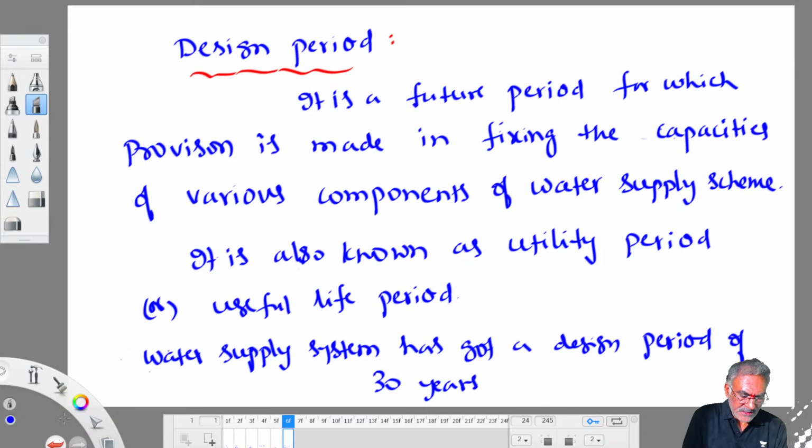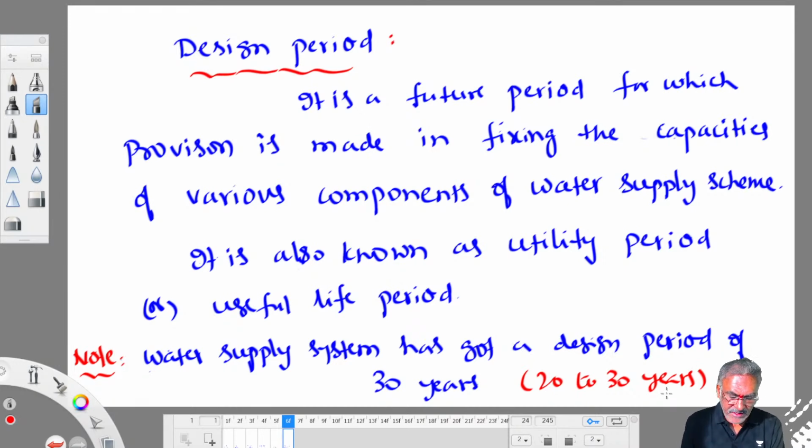Beyond 30 years you can't expect. Or slightly more than 30 years also sometimes you will get. Normally people write 20 to 30 years. Once it crosses 30 years, you should be ready with a new system. You should not go with the old system. Okay? Because the old system at any point of time may fail in giving service to you.